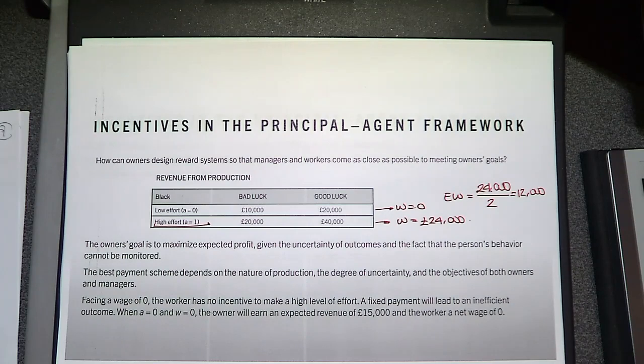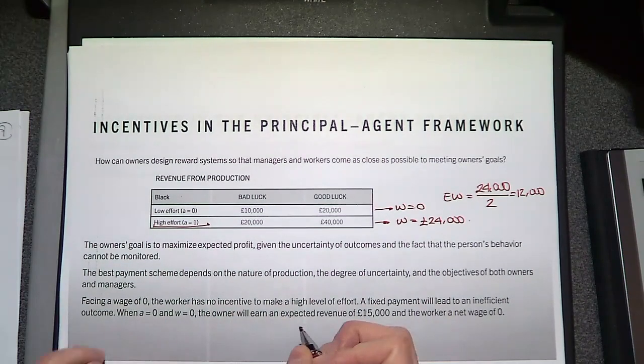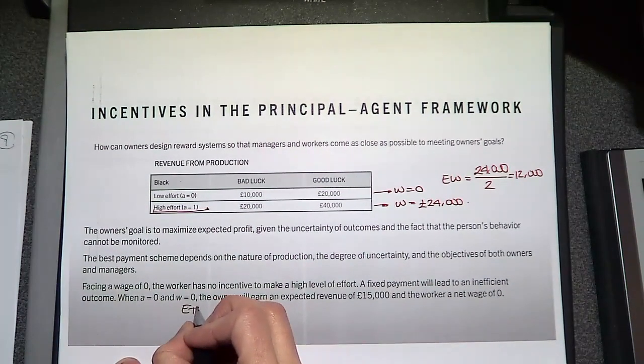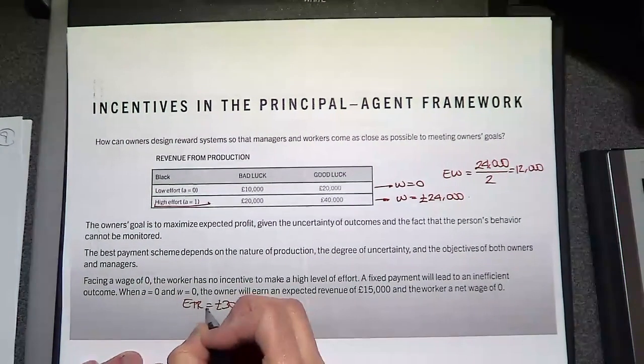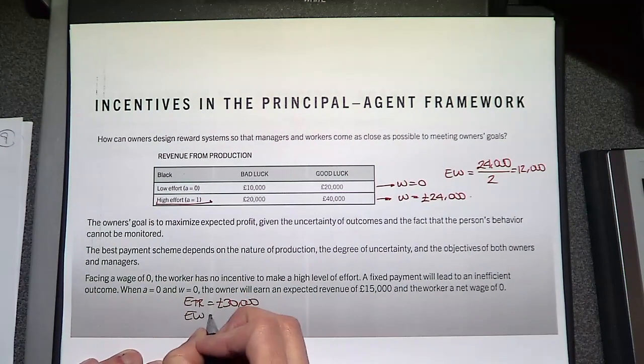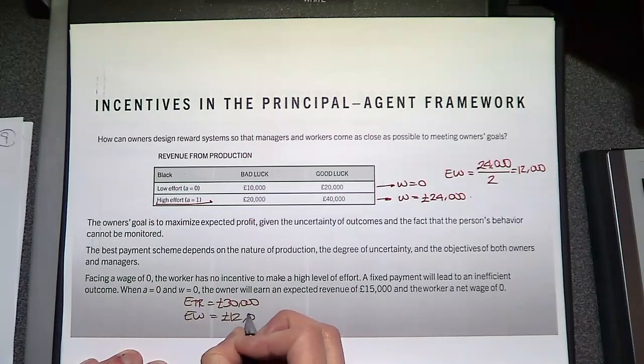In terms of profits, would be 18,000. Yes, so he has an expected total revenue of 30,000, and he has to pay a salary of 12,000.